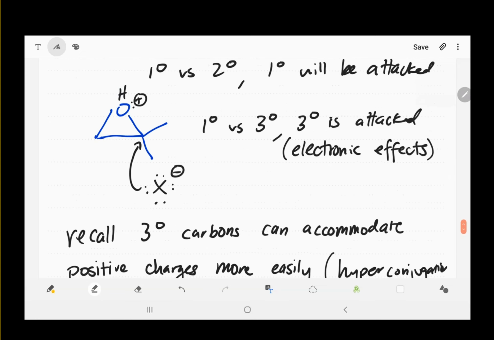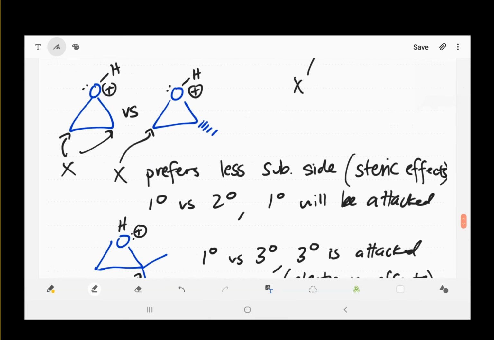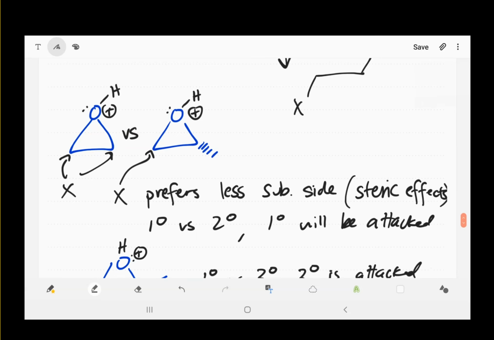So, if you're going to be using acid to open up your epoxide, previously we used just nucleophiles, right? And then we'd throw some water in to hydrate things. If you wanted to use an acid to break it up, there's just a few things regiochemically speaking.